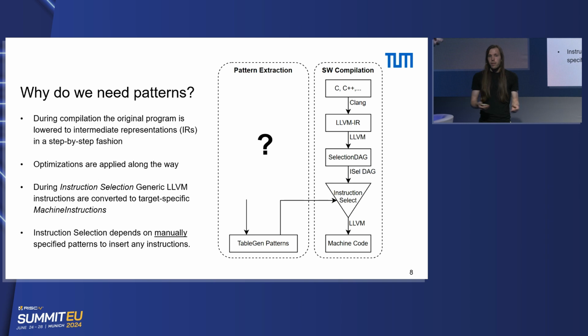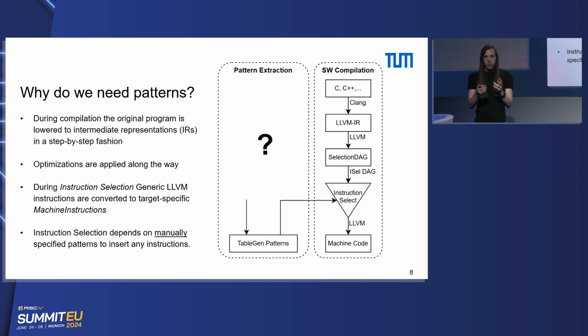Then LLVM applies a lot of well-established optimizations on the LLVM IR functions before lowering the LLVM IR to a so-called selection DAG. And based on this selection DAG, there's a next step being applied called instruction selection. And this is where generic LLVM instructions are translated into target-specific machine instructions.